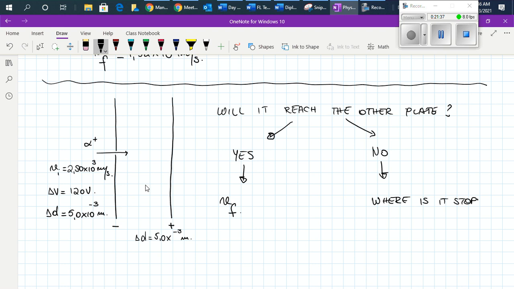Okay. So in order for the alpha particle to reach the other plate, the positive plate on this case, this is not a natural flow, because the alpha particle, being a positively charged particle, will naturally go to a negative one. But in this case, what is happening is that alpha particle is moving against the electric field strength that the plate has, because see what we have here.